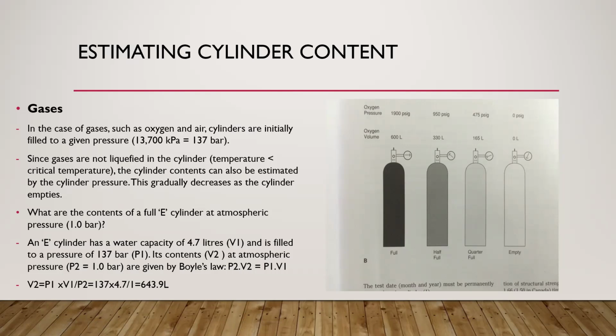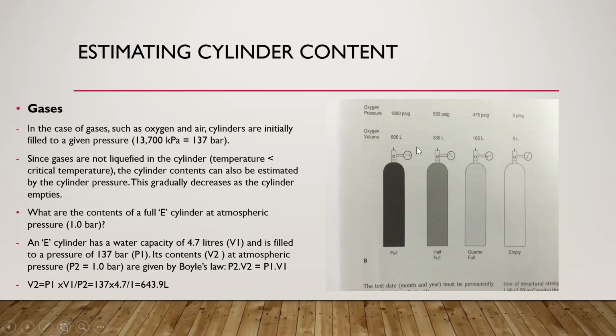I said in trying to estimate the content of gas cylinders, number one, we need to know the content. If it's gas, we know that the content of the cylinder can be estimated by the cylinder pressure. And don't forget that your Bourdon gauge is here. It always measures your cylinder pressure. So the volume, or the content, can be estimated by just looking at the pressure on your Bourdon gauge.